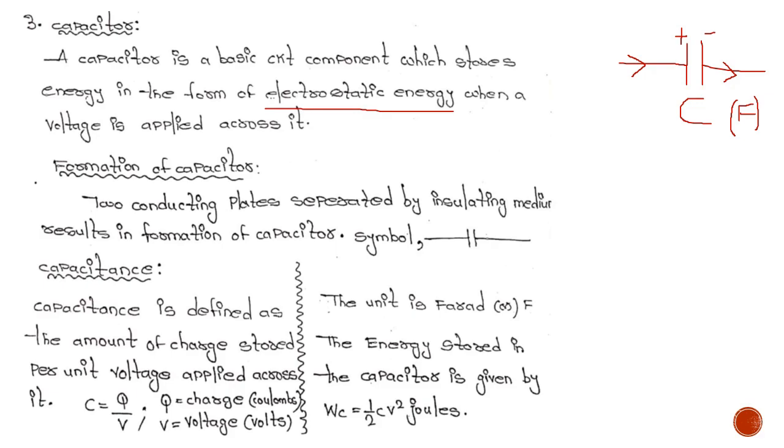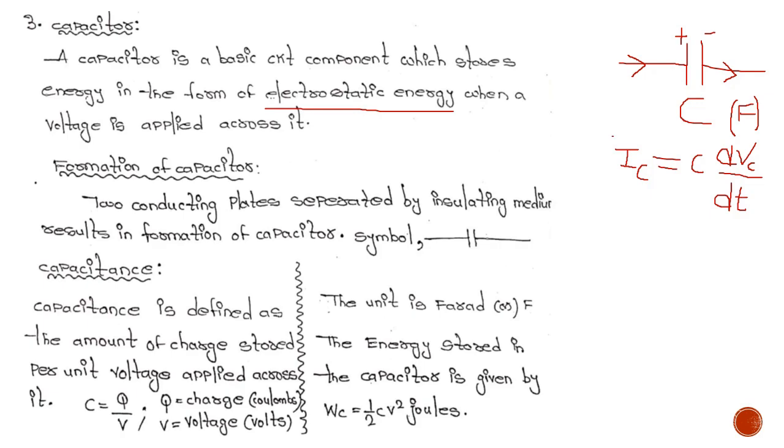Using Ohm's law again, we can write the current flowing through the capacitor, I suffix C, is equal to C into dV suffix C by dt, where C is the value of the capacitor. I keep suffix C for the current and voltage because it represents the capacitor, so this is across the capacitor. According to Ohm's law, we can write I_C is equal to C into dV by dt.